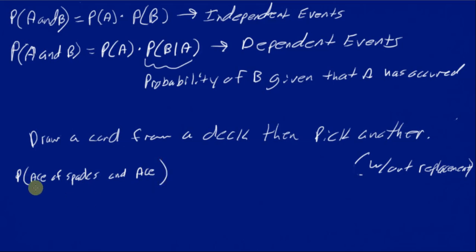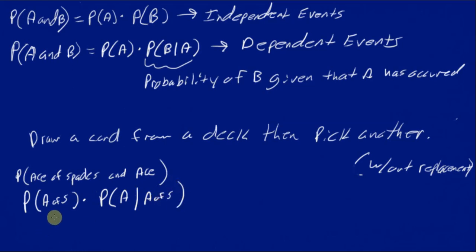So we're going to pick a card. We're going to get the ace of spades first, and then we want the probability of getting an ace. That's going to be dependent events. So we're going to have the probability of the ace of spades times the probability of an ace given the ace of spades has occurred.